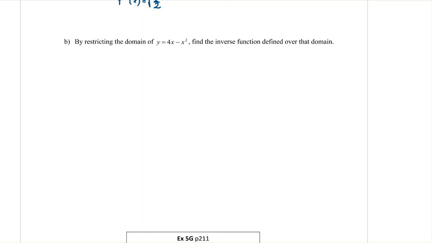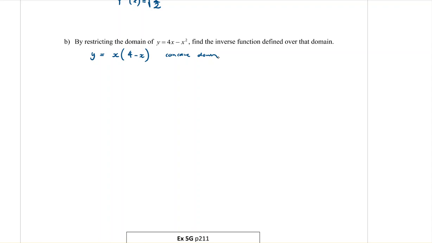So first thing you would do is factorize that parabola so you know where the zeros are. So I'm going to factorize the x out, which would give me 4 take away x inside the bracket. The minus x squared there does tell you that that parabola is concave down.